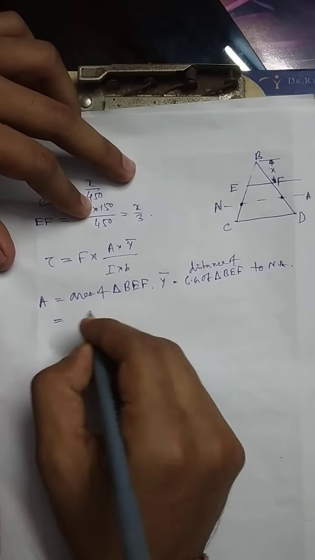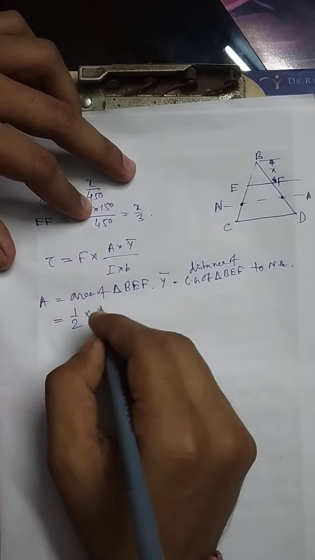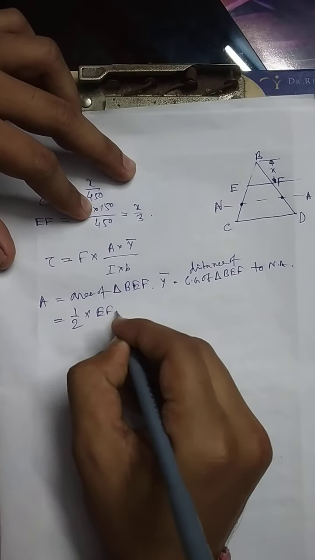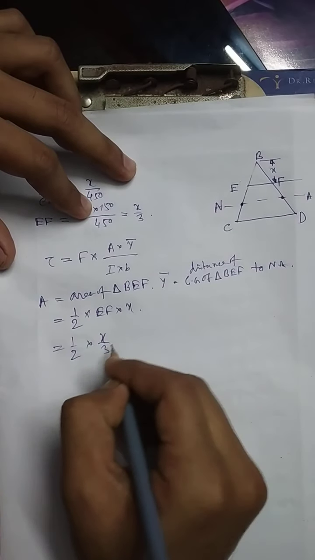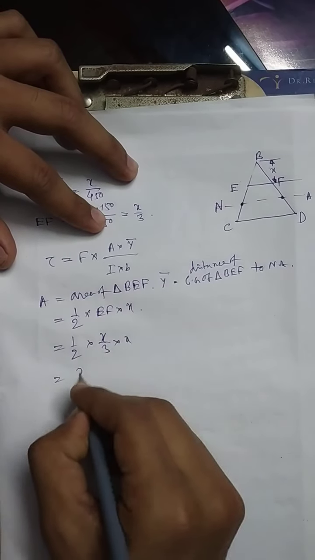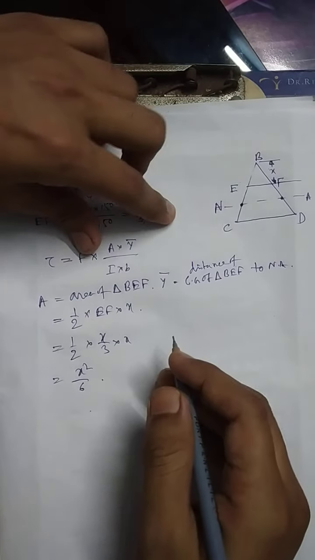So the area of triangle BEF is equal to half into EF into the height x. So half into x by 3 into x, or x square by 6, that is the area.